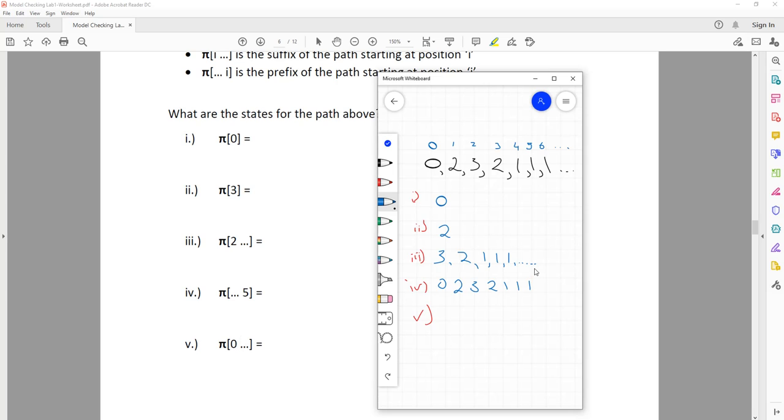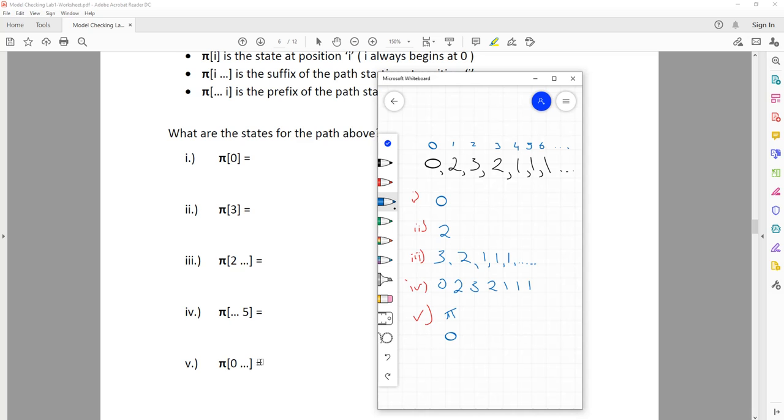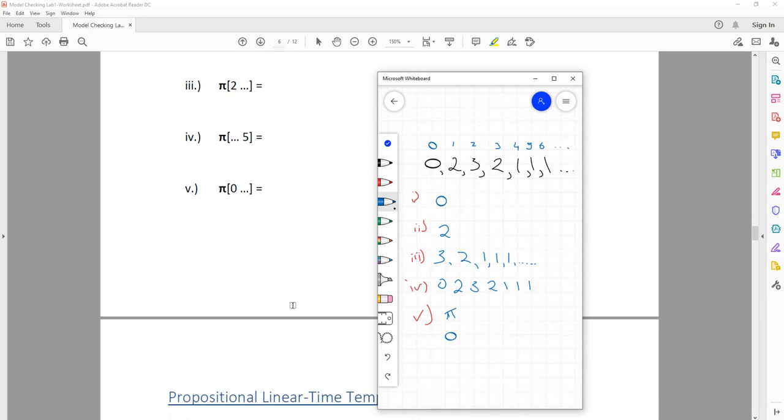Well, that is just pi. That is your path. Starting at 0 and everything coming afterwards is the exact same as this. You start at 0, you get 0, you get 2, you get 3, you get 2, you get 1, you get 1, 1, and it goes on infinitely. So it's the exact same thing. And that is it for part 2.